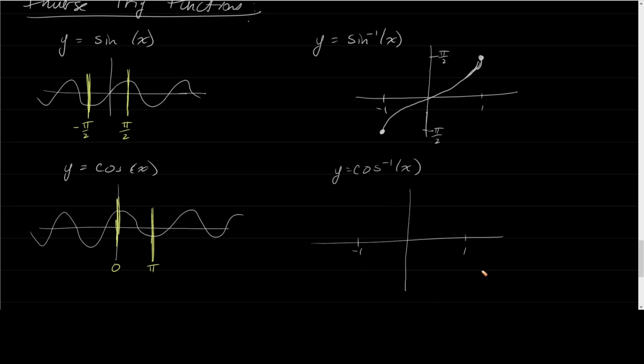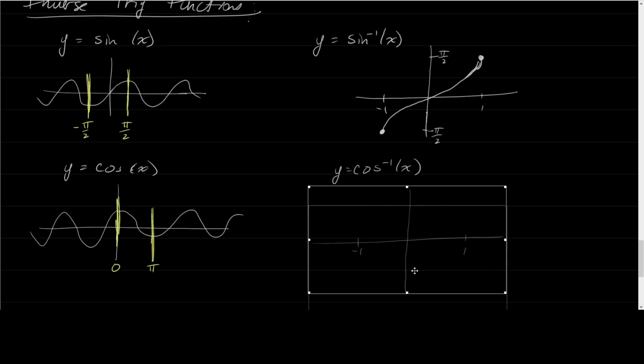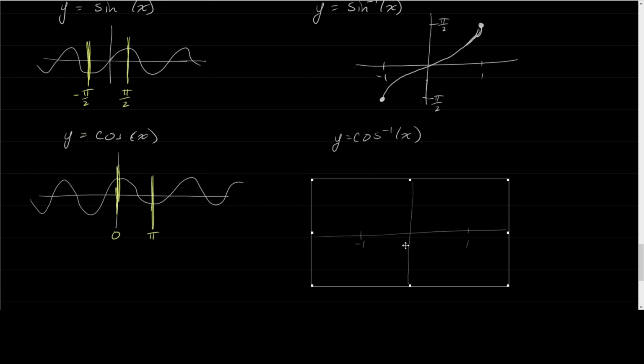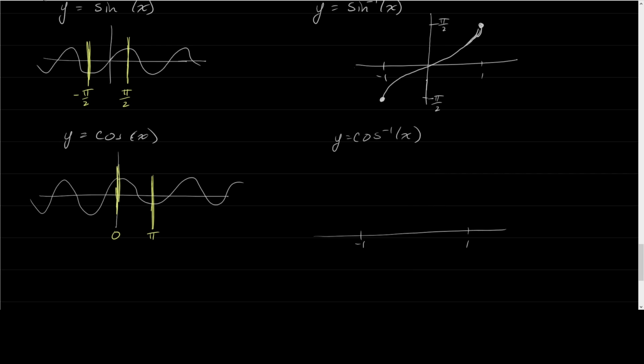But now, let me shift this down. There we go. Now it has a range from 0 to pi. Let's say that's pi. This is what the graph looks like.